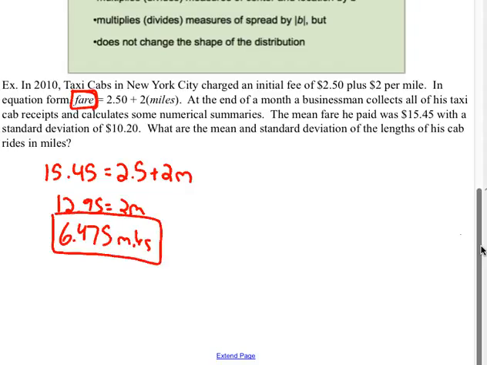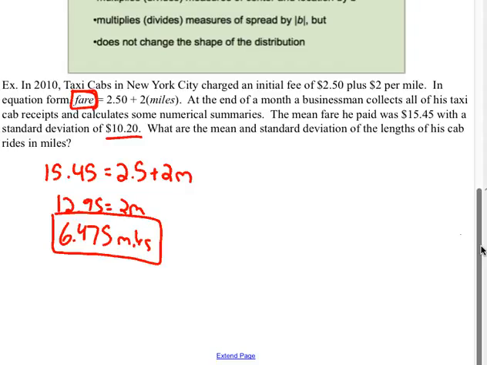Okay, so according to that equation, on average, he went 6.475 miles. So basically, you had to subtract the 2.5 off and divide by the 2, as both would affect the mean. However, standard deviation, well, remember we already said standard deviation is not affected by addition or subtraction, right?